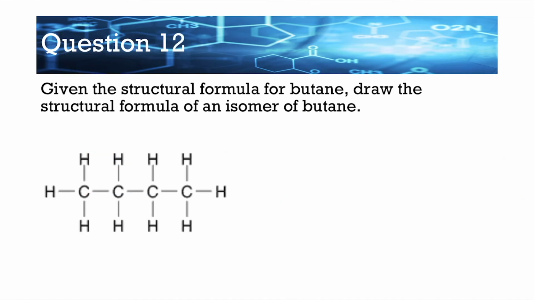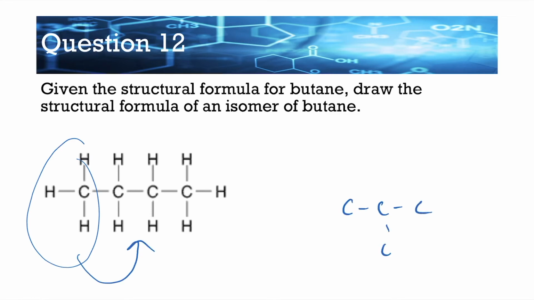Next, draw one isomer of butane. So when you're given a straight line, it's easy to just kind of pop a branch somewhere else. So you can get something that looks like that. Remember, each line represents an H. It saves time from writing absolutely every single H, because that would take a really long time and make the video even longer.